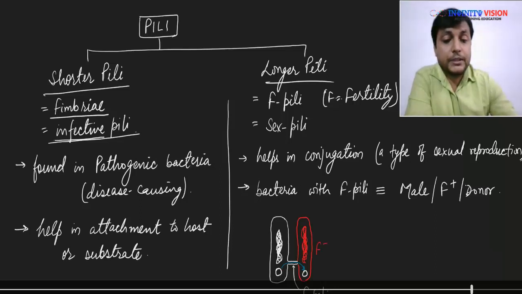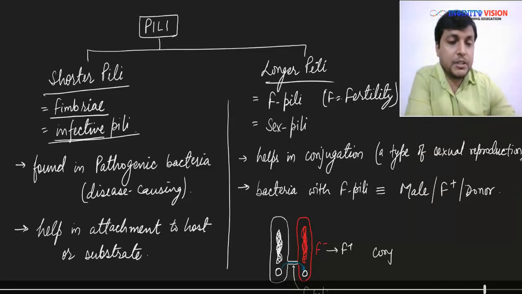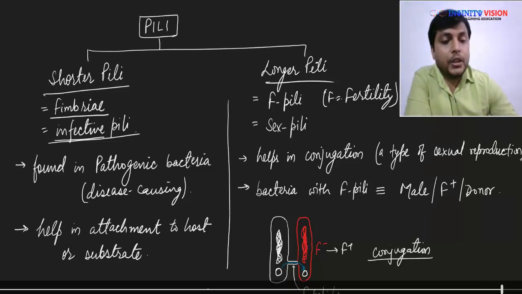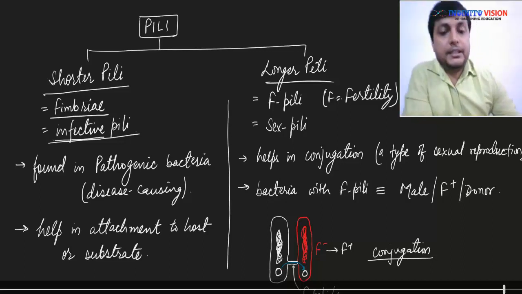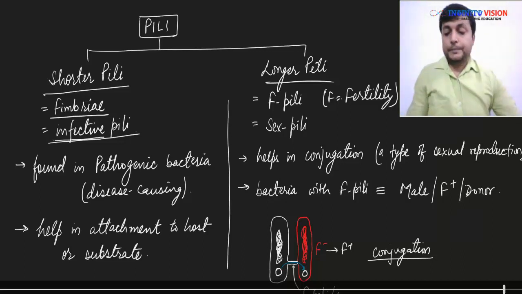Okay, now see. So later what is happening? Later, the F negative or female bacterium is getting converted into male or F positive or donor bacteria. Now, this whole process is called conjugation. We will see this in detail. So as of now, just understand the role of longer pili or sex pili or F pili. Okay, great.